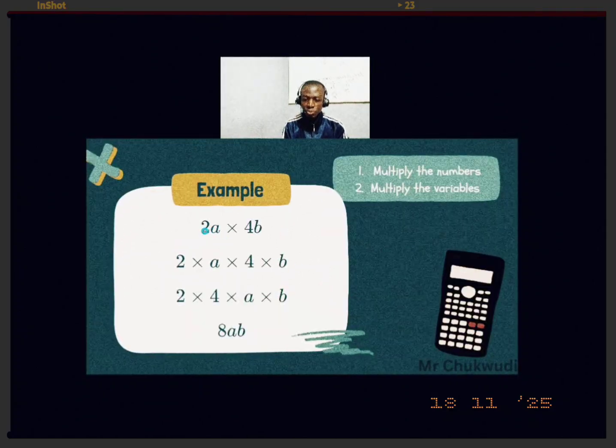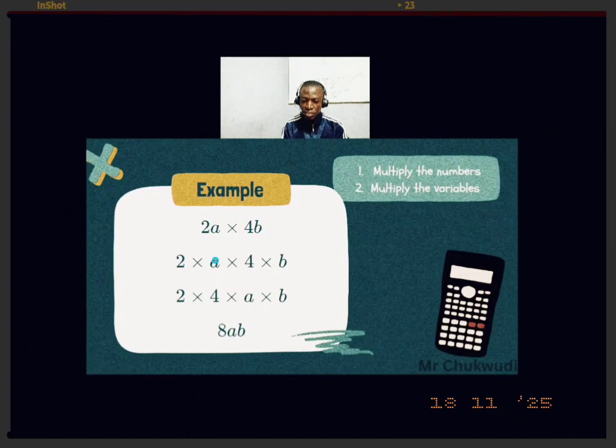Now let's look at this. If you are asked to multiply 2a and 4b, so 2a times 4b, the first thing you are going to do is to simplify this. 2a is the same thing as 2 times a, and 4b is the same thing as 4 times b.